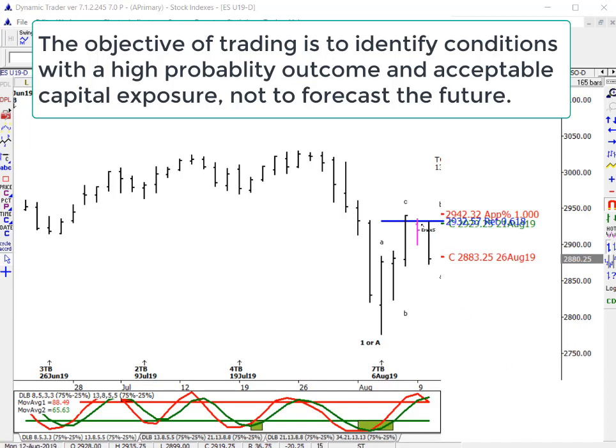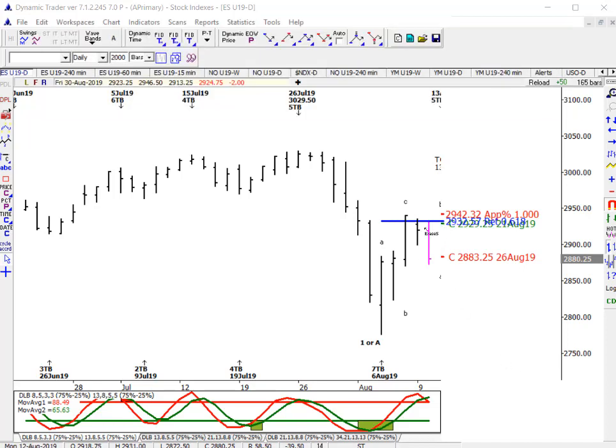I'm saying if it's in a position to have completed a correction, it's in a position to consider a trade strategy short for the potential of a continued decline to a new low to make a wave 3 or C. So the key here is it's a trade setup for at least a daily high, regardless of whether it goes sideways to down for a few days or continues to a new low.